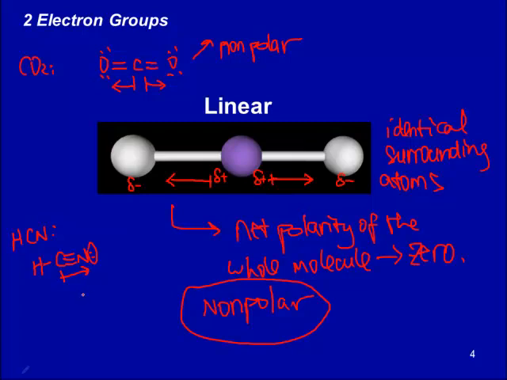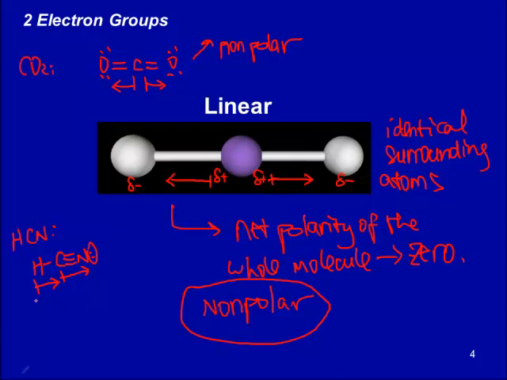So between the carbon and nitrogen, the polarity goes from the carbon to the nitrogen. Now if you compare the electronegativity between hydrogen and carbon, hydrogen has a lower electronegativity, so you will have a polarity arrow pointing this way.